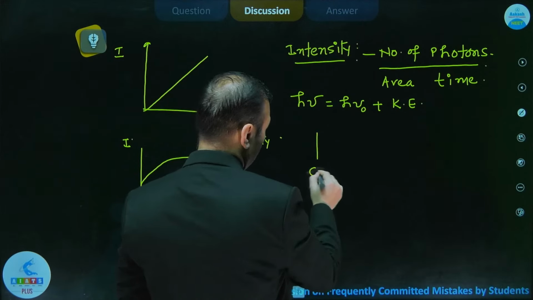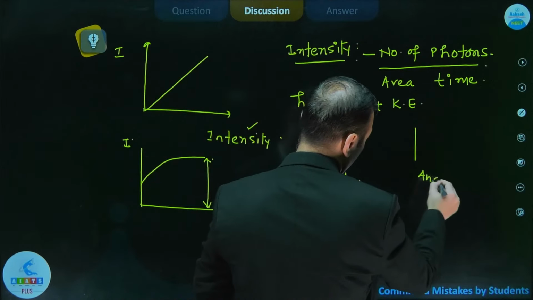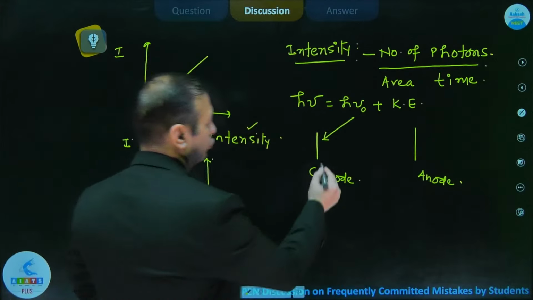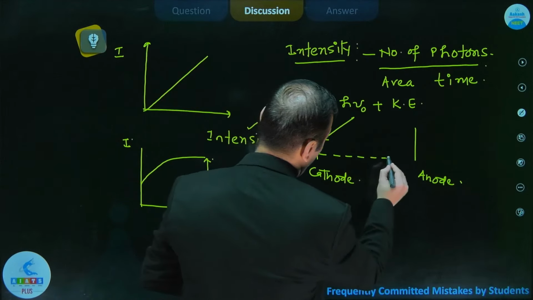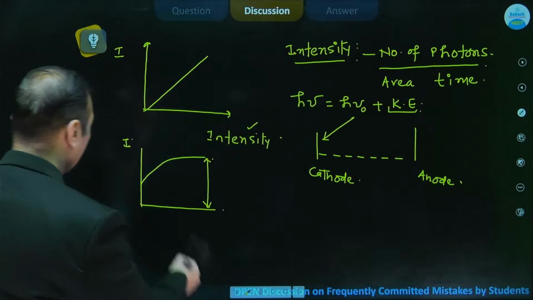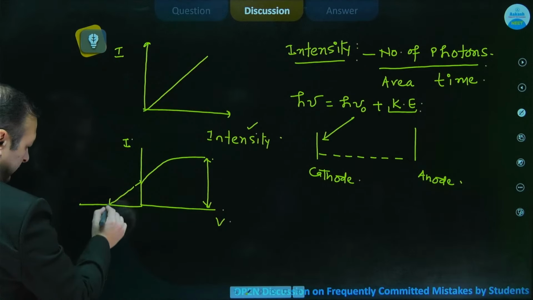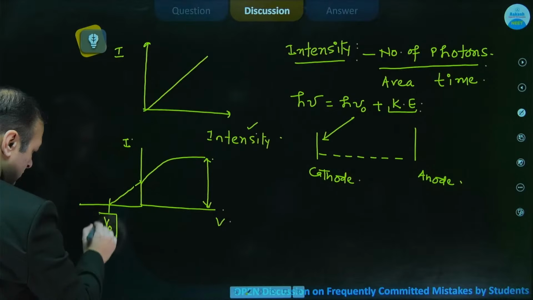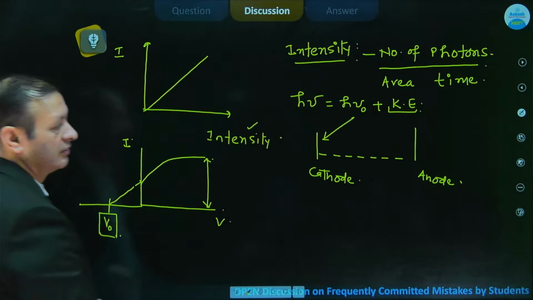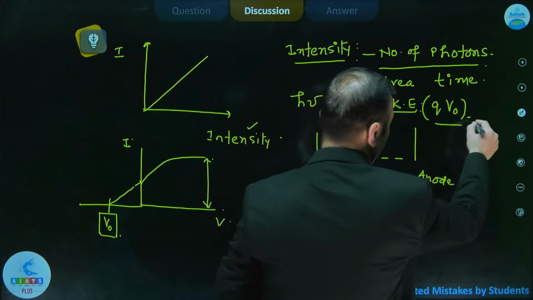When you have a cathode and you have an anode, and you allow the photon to strike, photoelectrons would be emitted and would reach. What is the negative potential applied to stop this photoelectric current? This is called stopping potential. And this kinetic energy is charge into stopping potential.